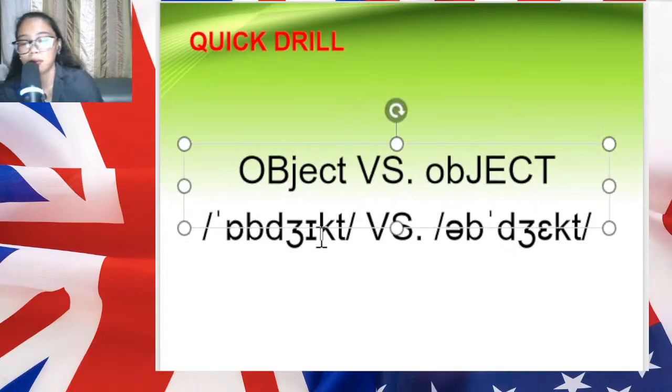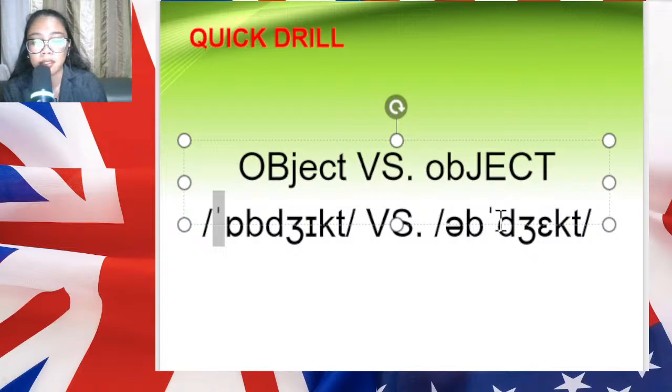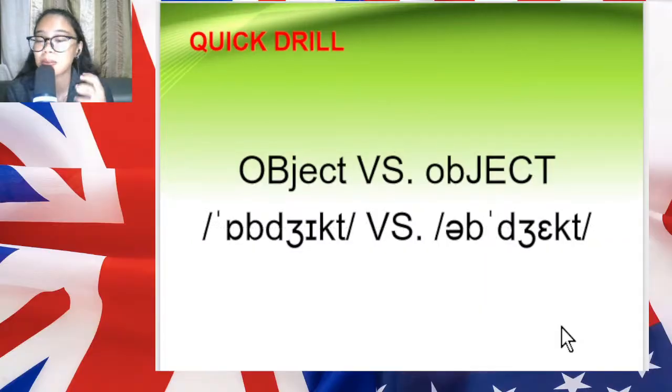Like this one, the first syllable is stressed, so it's right before it. And how about the second one? It's right before the second syllable because that's the stressed syllable, right? So that's how we read the stress marks in the IPA transcriptions.